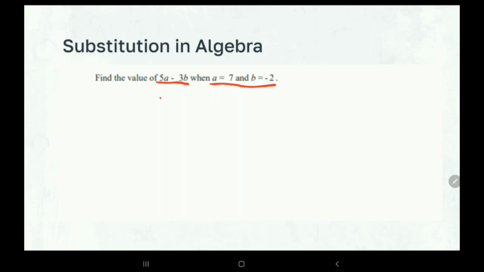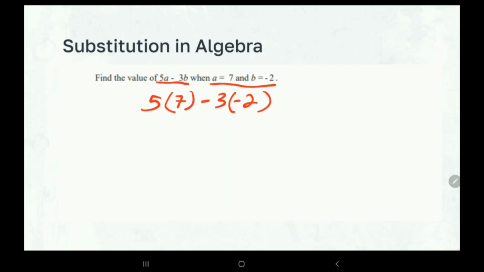So 5, instead of putting a, we will put 7, minus 3, instead of putting b, we will put negative 2, and then just evaluate.